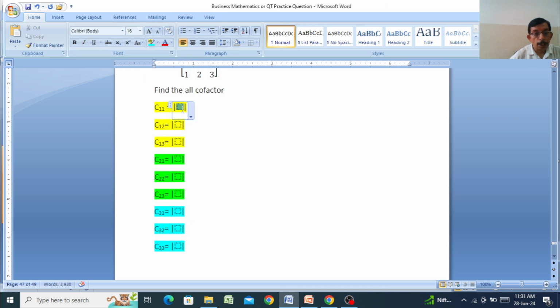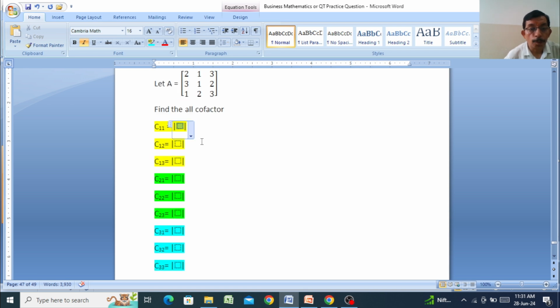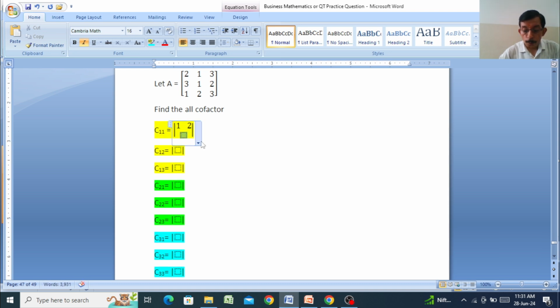Now C11. The first row, first column element is cancelled out. Then the remaining elements are 1, 2, 2, 3.